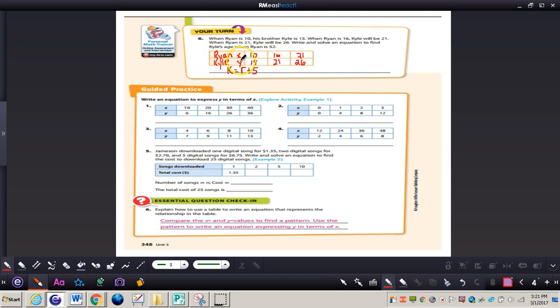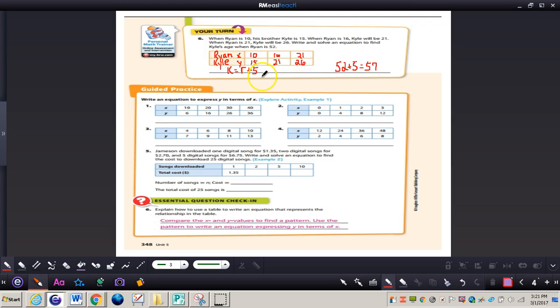So knowing that Kyle's age equals Ryan's age plus 5, we can plug in the numbers. Ryan is 52. And we know that the equation is Ryan's age, 52, plus 5 equals Kyle's age, which will be 57. Okay, so they're asking us to write and solve an equation to find Kyle's age when Ryan is 52.